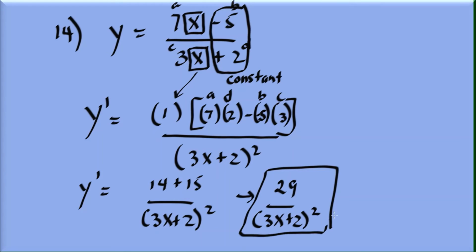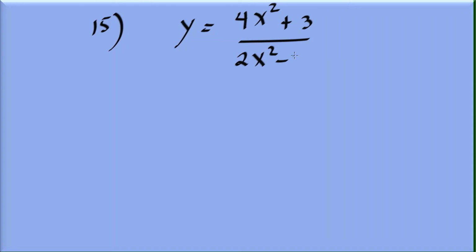Now you can verify or double check that our answer here is correct using the quotient rule. So let's take another example using the shortcut for the quotient rule. Let's say you have 4x squared plus 3 over 2x squared minus 5. Look at the letters. Our letters are x squared, and they are exactly the same, followed by a constant.